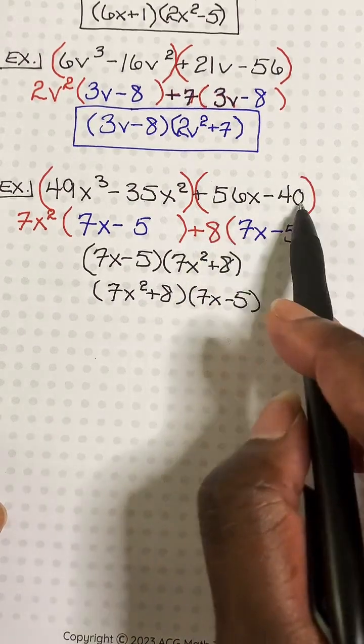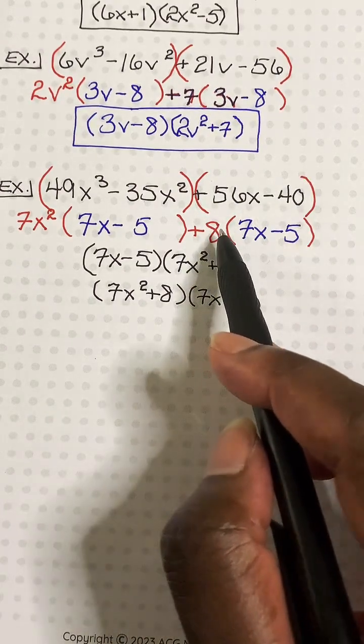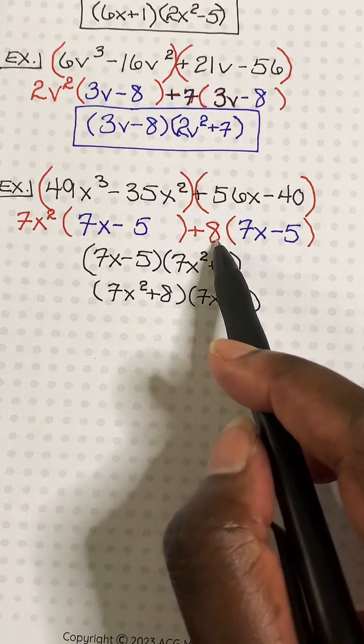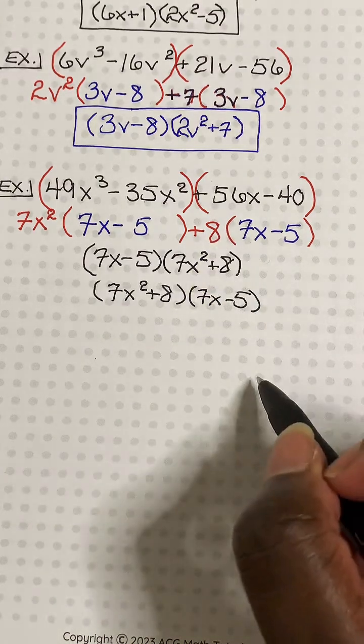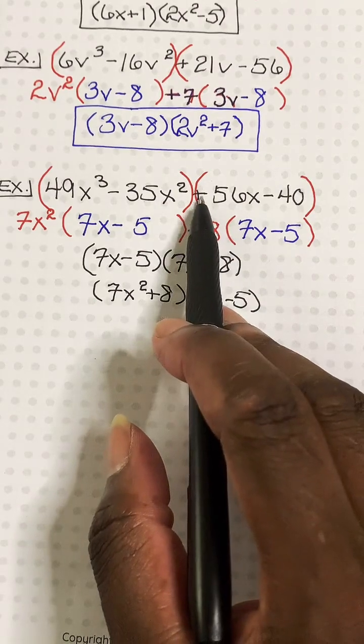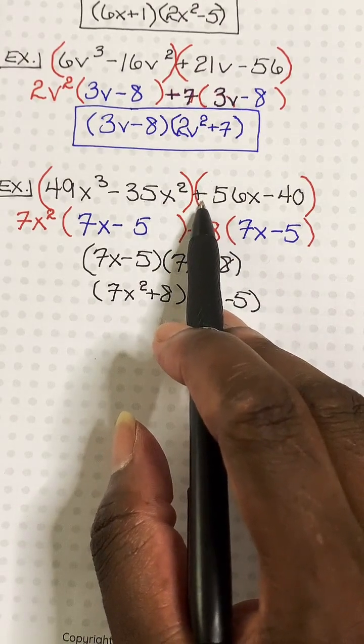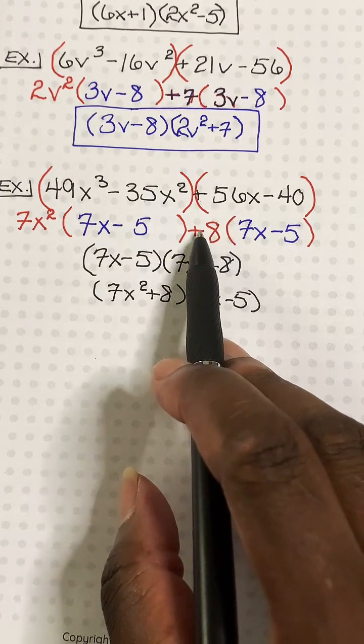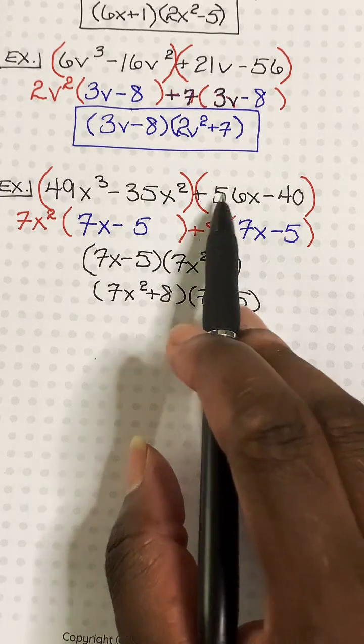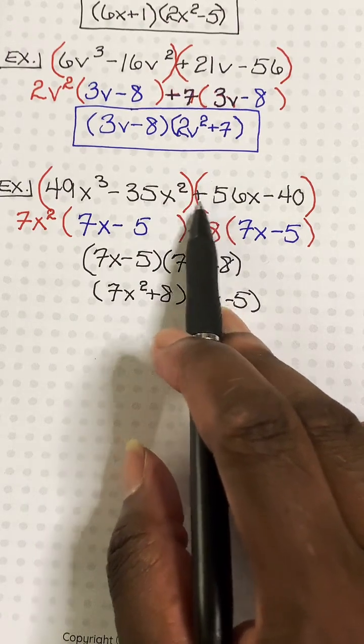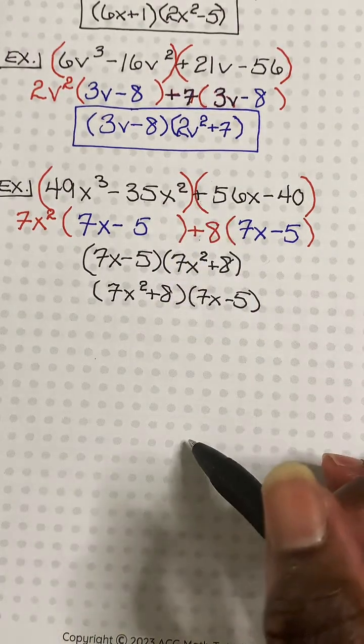The greatest number that they have in common by factors is going to be 8. And since my leading coefficient is positive, that's why it's a positive 8. Okay, you always work with the signage of your leading coefficient.